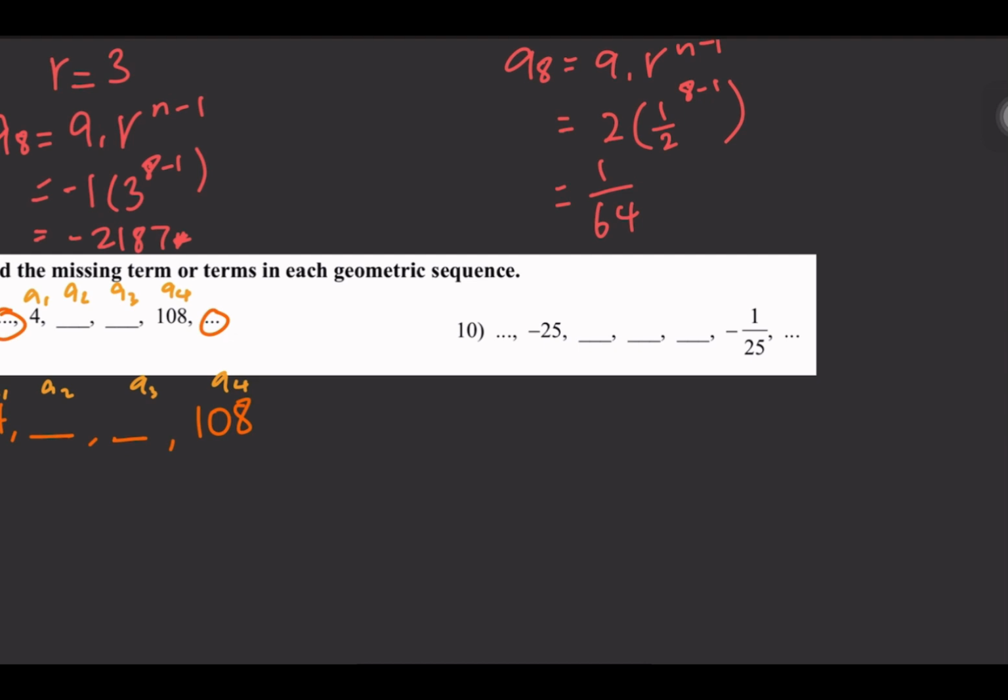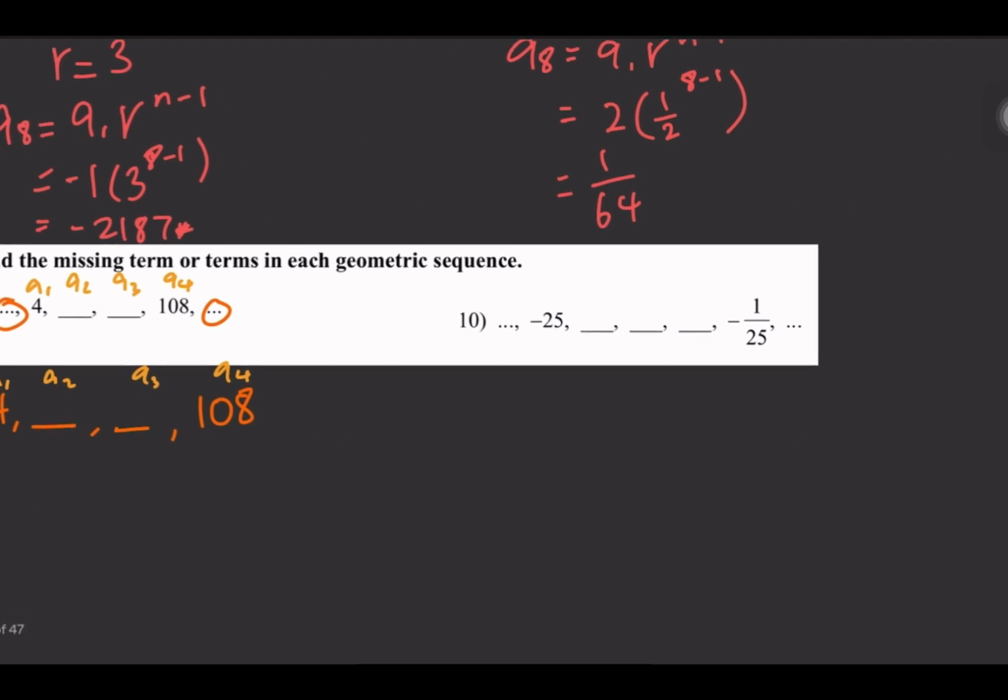So now that we know that, let's rewrite the formula. a1 r... we don't know the ratio, so we cannot find it. So what we want to do is find out the ratio. So we know that a4 equals a1 r to the power of n minus 1.